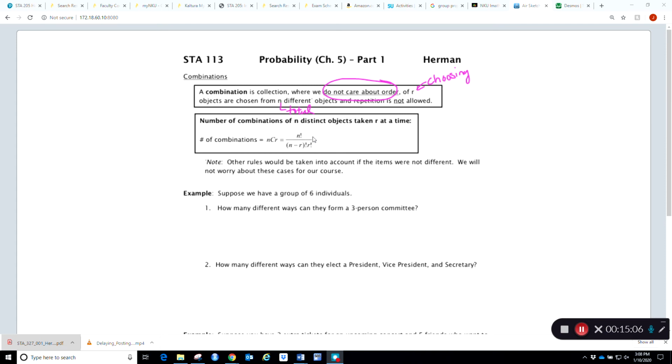If I was again choosing two letters of the alphabet, and I chose the letter A and the B, that would be considered the same thing as B and then A. So as long as I got chosen, that's all that matters to me. I don't care what order I was chosen in. That's what a combination would mean.